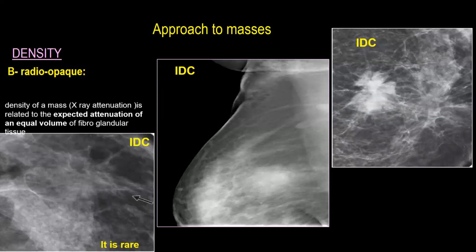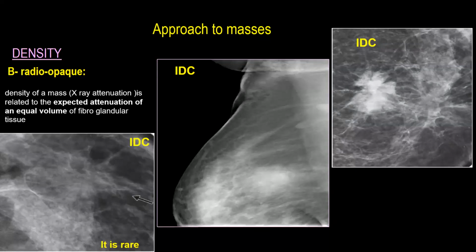It is a rare finding. How do we know that? Look here. This is the same amount of fibroglandular tissue. We compare it, and definitely it is higher. Here, if we compare it with this area, it is more or less the same. It is equal. Here, if we compare with the equal amount of fibroglandular tissue, this mass looks lower.